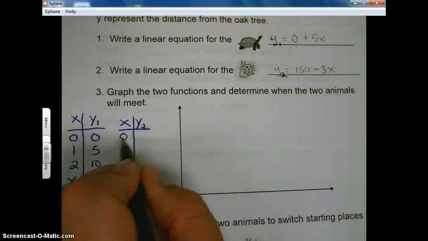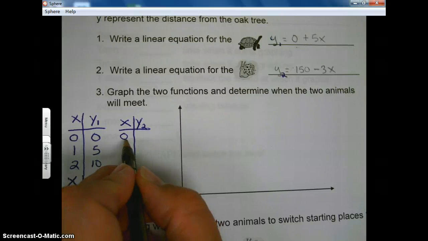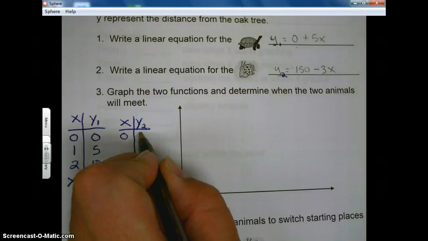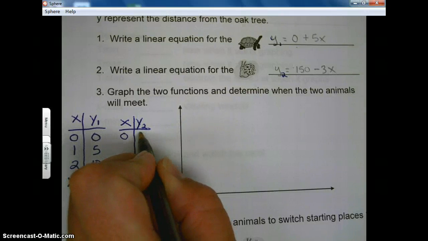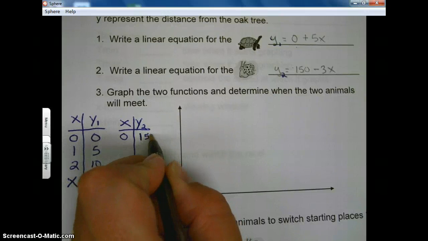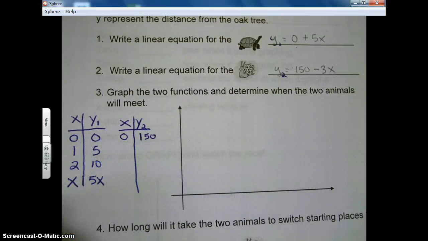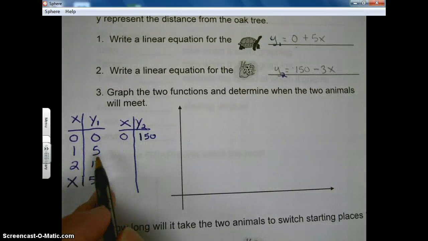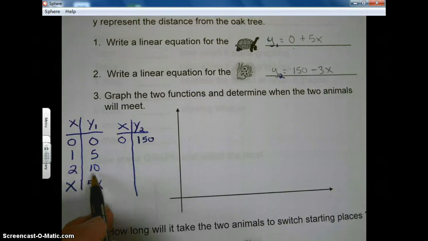Now the snail, 0 minutes, if I plug 0 into the equation, the snail is 150 feet from the tree. And I probably should have said that over here: 0 feet from the tree, 5 feet from the tree, 10 feet from the tree, and so on.